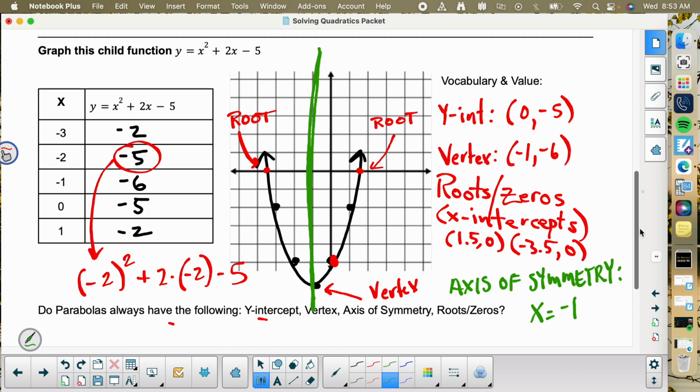Are we going to have an answer for all 4 of these every single time? Okay, can you think of one of these we might not have an answer for? Where we maybe wouldn't is if our U was in a different spot, right?